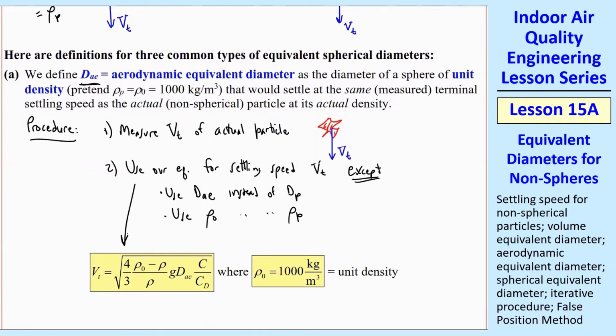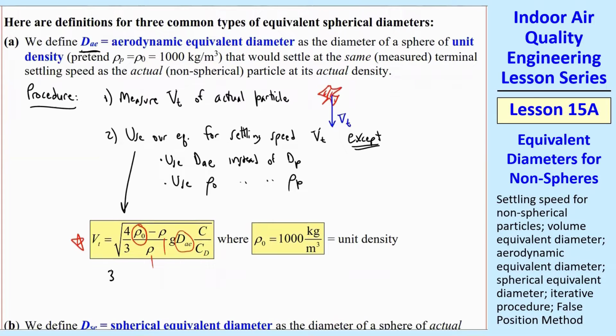So we'll use these equations for that general equation that we have to iterate for settling speed, but we're going to use unit density, and then we still need the properties of the air, and we're going to use DAE here instead of DP, but otherwise the equation is the same. The procedure is identical. Cunningham, all that stuff is identical. And then step 3 is to solve for DAE.